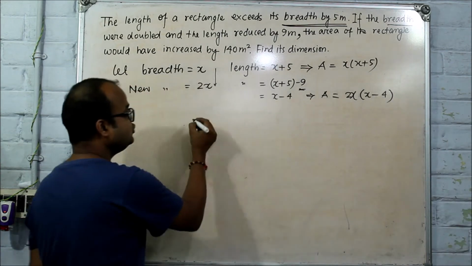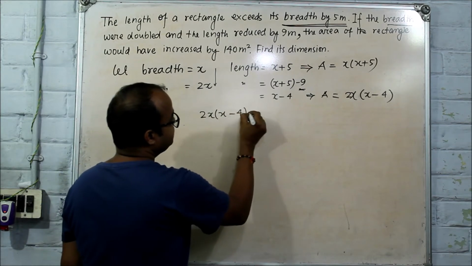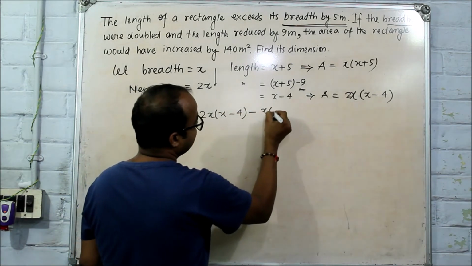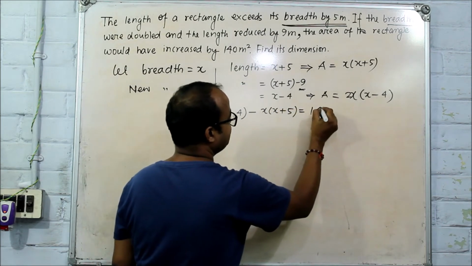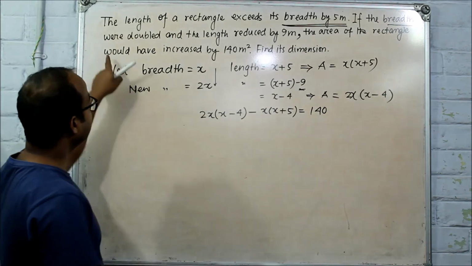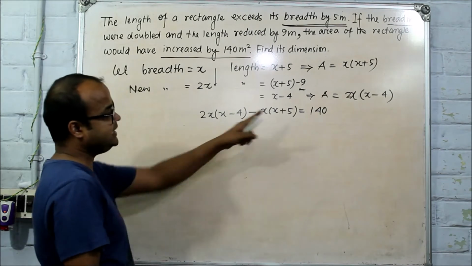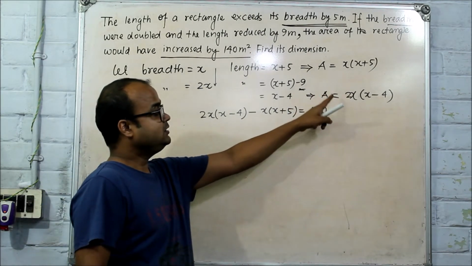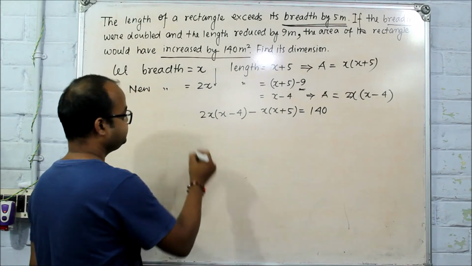The area of the rectangle would have increased by 140 meter square. That means the new area minus the previous area, the difference is 140 meter square. The area would have increased by, that means the second area is greater than the first area by 140.